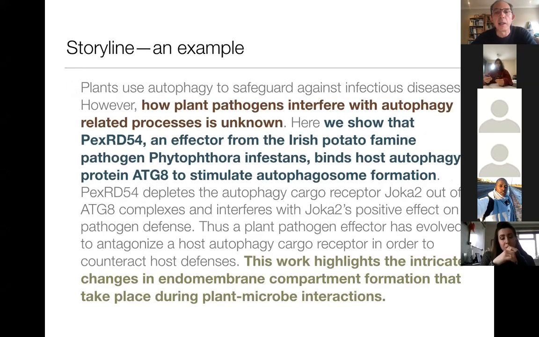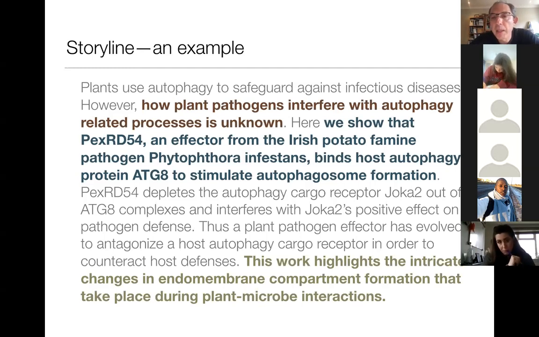So that's an outline, and now I'm breaking it down into these sections, and you can now clearly see how powerful these simple sentences are, because each sentence really very sharply communicates. First sentence being a brief sentence of background. The second sentence is the unknown. How plant pathogens interfere with autophagy is unknown.